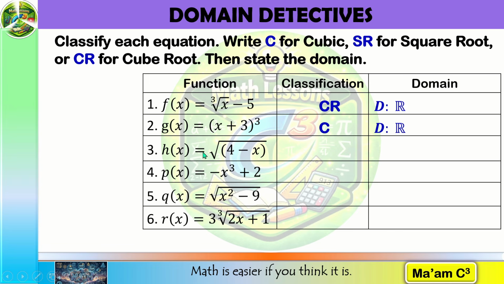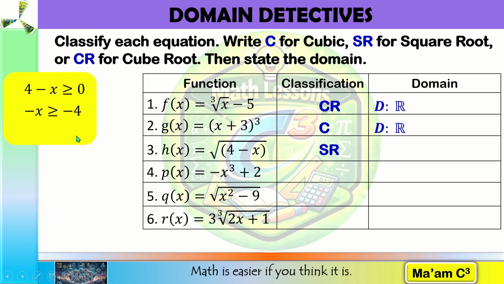This one we have is square root, SR. And to determine the domain, we are going to set the radicand greater than or equal to 0 because the radicand cannot be negative. Square root of a negative is imaginary. So let us solve this. 4 - x greater than or equal to 0. Let us move 4 to this side. It will become -4.